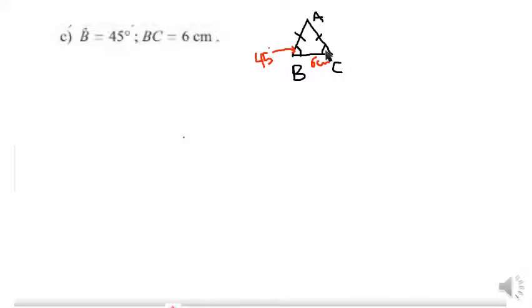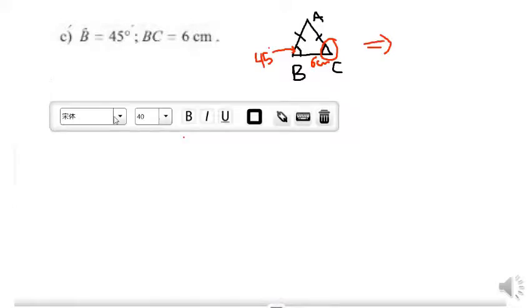So what do you think? What is the missing element? Angle B is equal to angle C. So this indicates that these two equal angles are equal to 45 degrees. Okay, so ABC is an isosceles triangle.